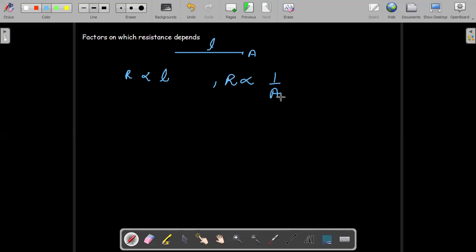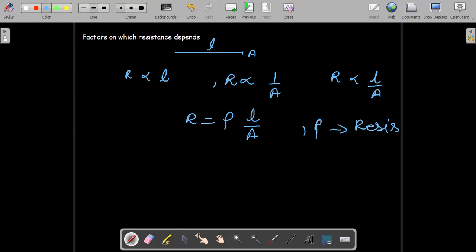So if I combine these two factors, I get resistance is proportional to length by area. And the constant of proportionality which is introduced here is rho. We write R equals rho L by A, where rho represents the resistivity of the material.